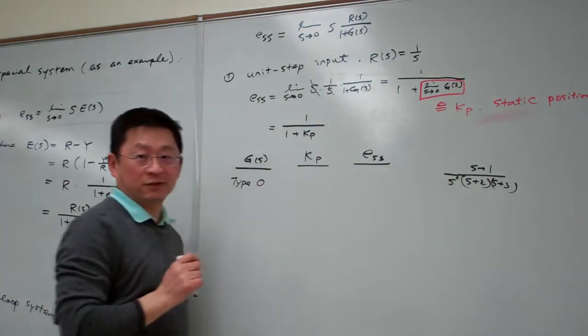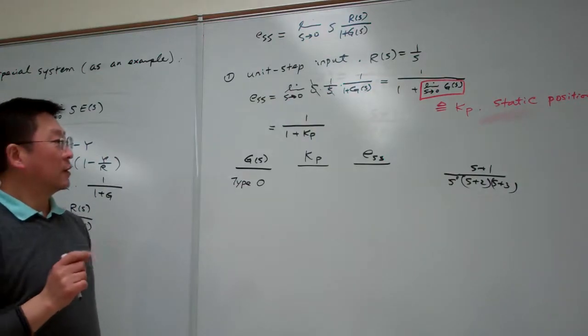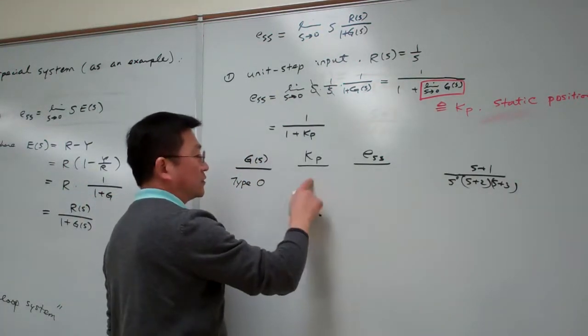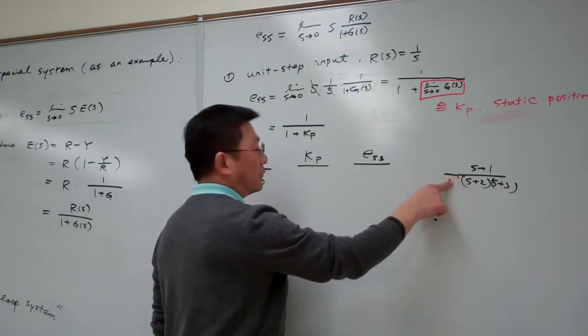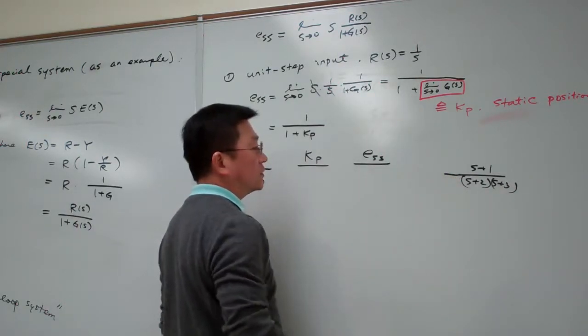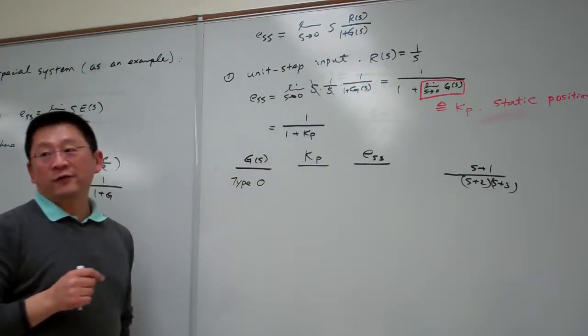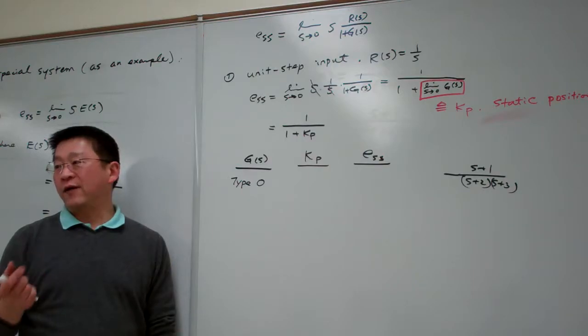That's called a type 0 system. Once s approaches 0, for the type 0 system, the value of Kp is some finite value.